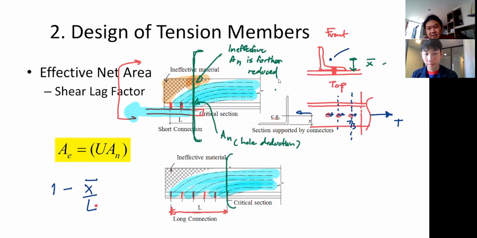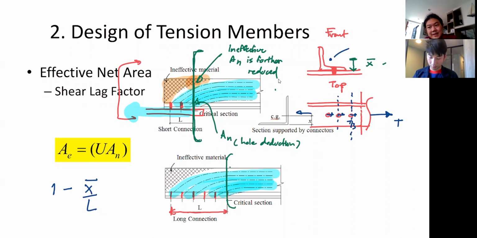So you're gonna have the shear lag factor way less than 1 if this portion is large. On the contrary, if you have a long connection like this, the denominator becomes large, so this portion becomes small. So your shear lag factor is getting closer to 1 if your connection is long enough.